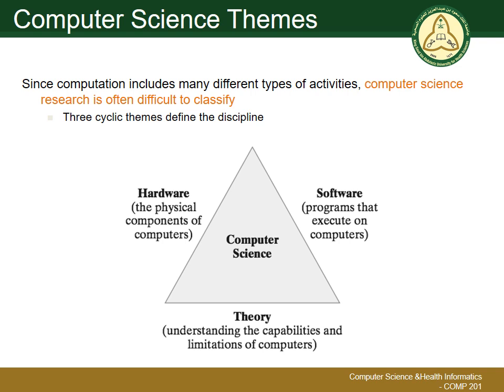The third theme is theory, and under theory we should understand the capabilities and limitations of computers. احنا عندنا hardware و software، والثيري نستخدمها عشان نعرف المقدرة والlimitations، الأشياء اللي هم ما يقدرون they cannot do it.